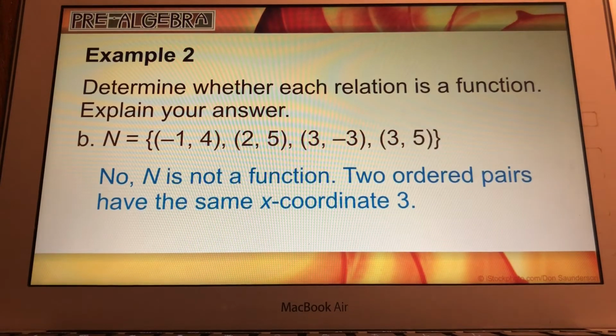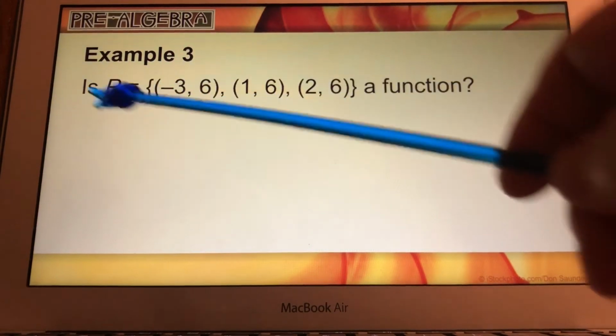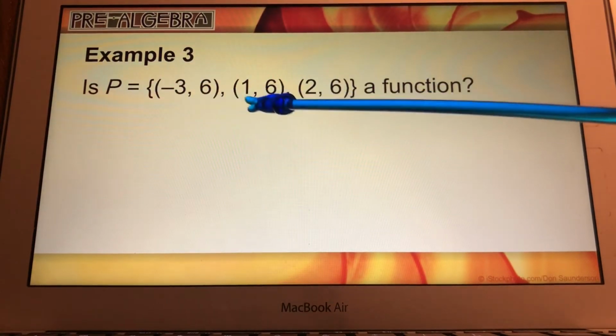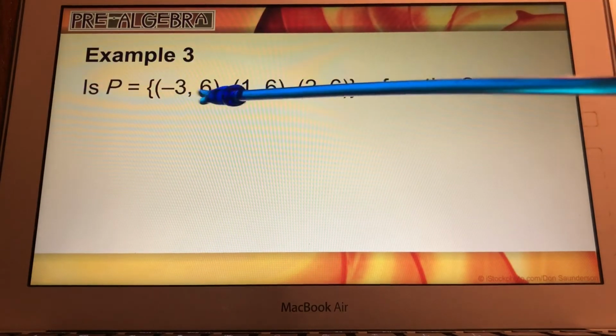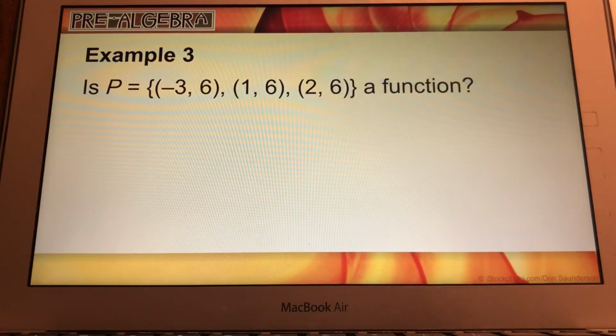My x's are repeated right there. Now, here is relation P a function? I've got -3, 6, 1, 6, 2, 6. The y values are all repeated, right? But are the x values repeated?